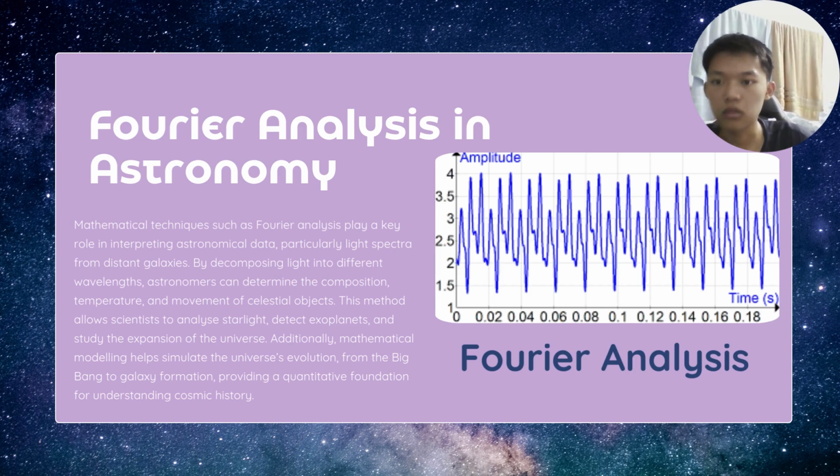By breaking down starlight into its component wavelengths, Fourier methods help detect exoplanets via radial velocity shifts, measure the rotational dynamics of galaxies, and study the cosmic background radiation.